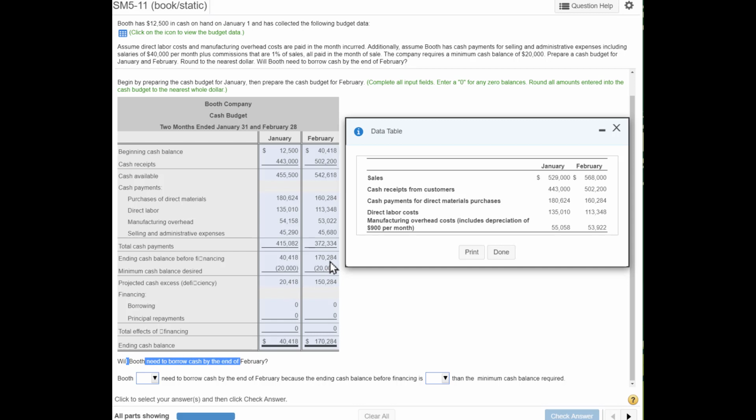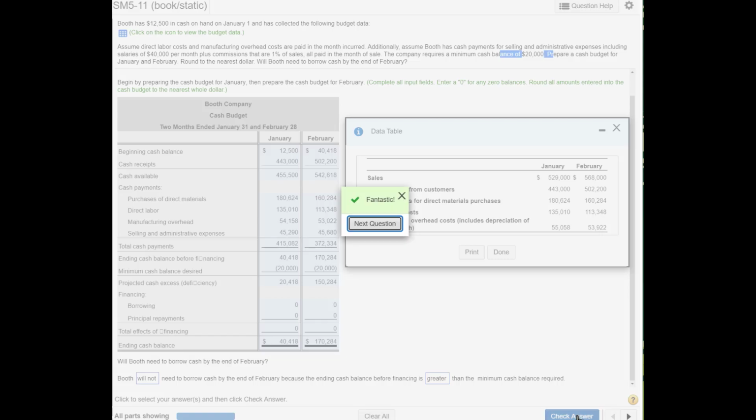Well, we've got 170,284. Our minimum requirement is 20,000, so we don't need to borrow. We will not need to borrow cash by the end of February because the ending cash balance before financing is greater than the minimum cash balance required, which is 20,000. And that's it.